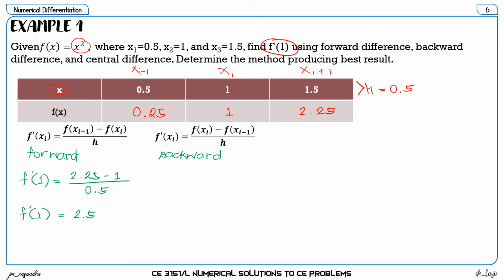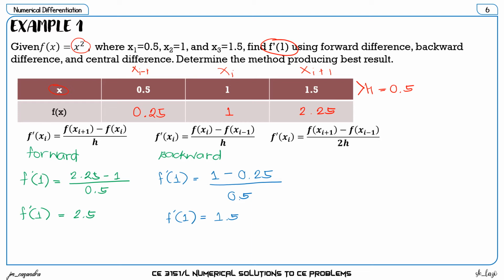For f prime of xi, which is 1, it is equal to f of xi, 1, minus the function of xi minus 1, 0.25. Divide this by h, 0.5. Therefore, by backward difference, the derivative at x equal to 1 is equal to 1.5. Then, finally, we have our central difference equation.